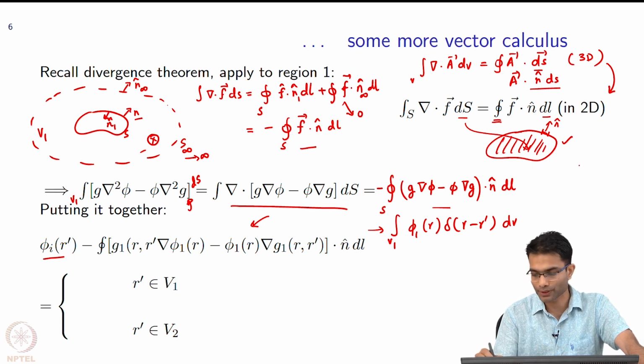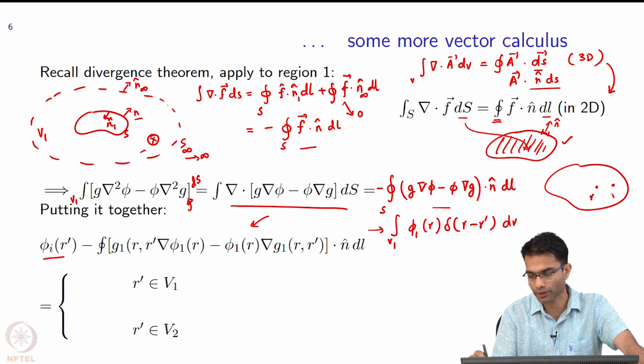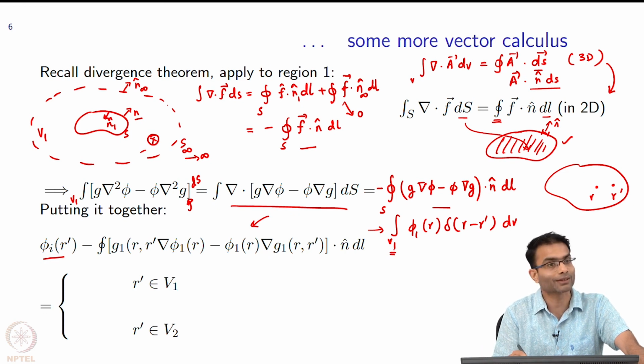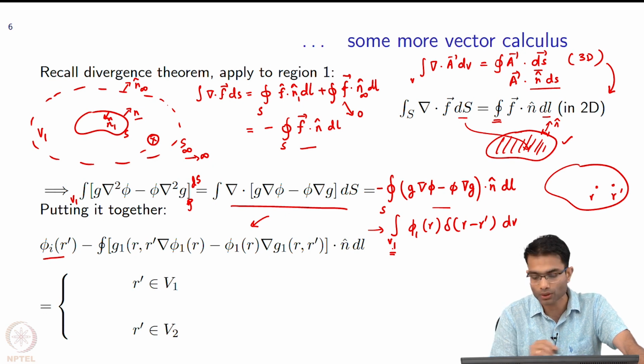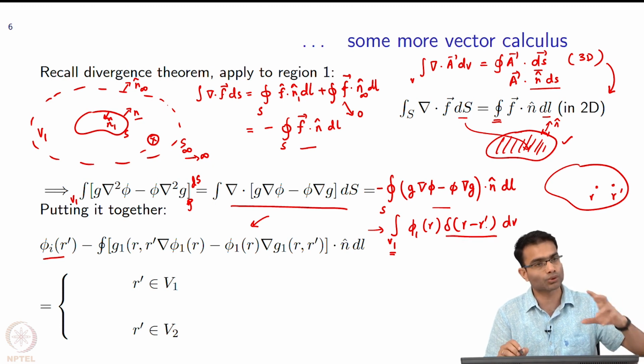So, look what is happening over here, right. Let us say I have one point over here, r, and one point over here, r prime. Okay. So, if the volume of integration, it will only induce, well, not one, but, so this Dirac delta function is a function in those many dimensions.